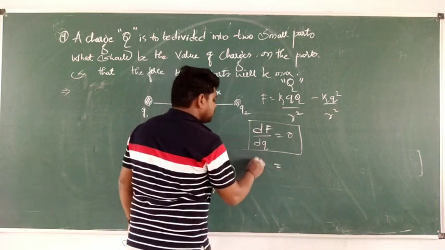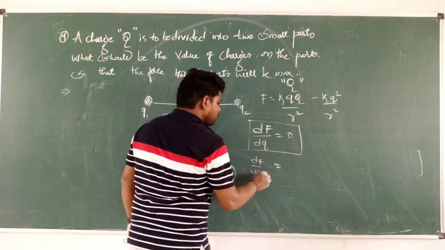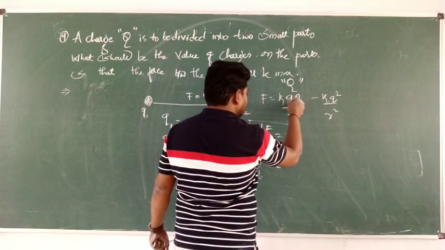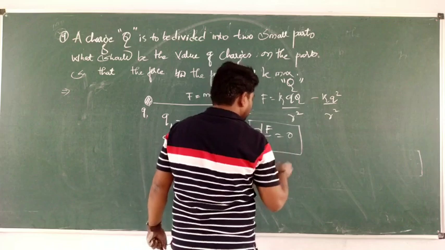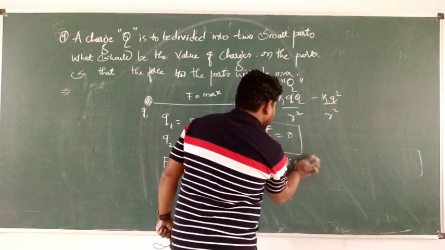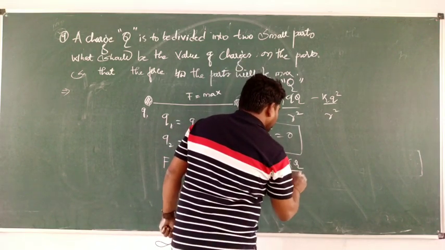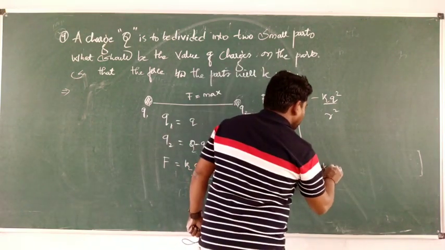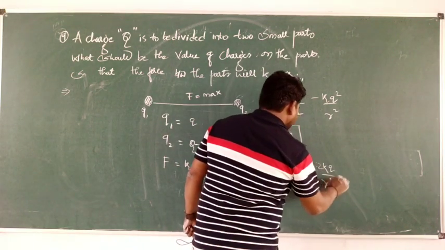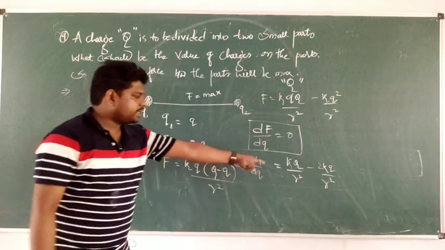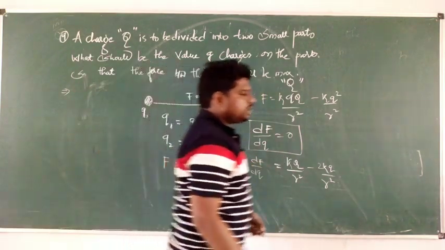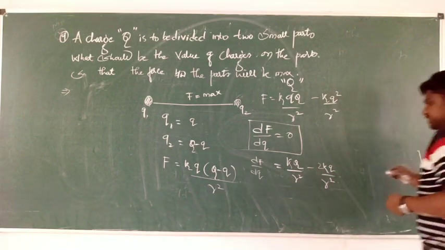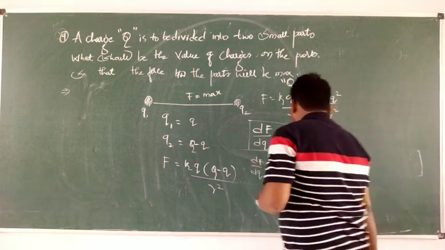This term is going to get cancelled. KQ divided by r square minus 2Kq divided by r square, which equals 0.